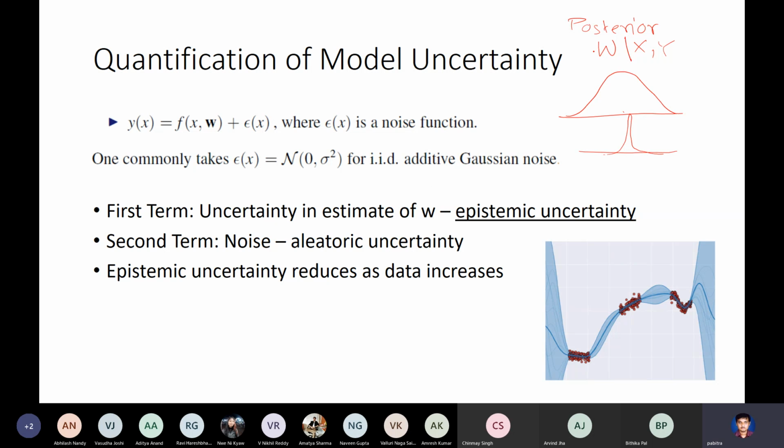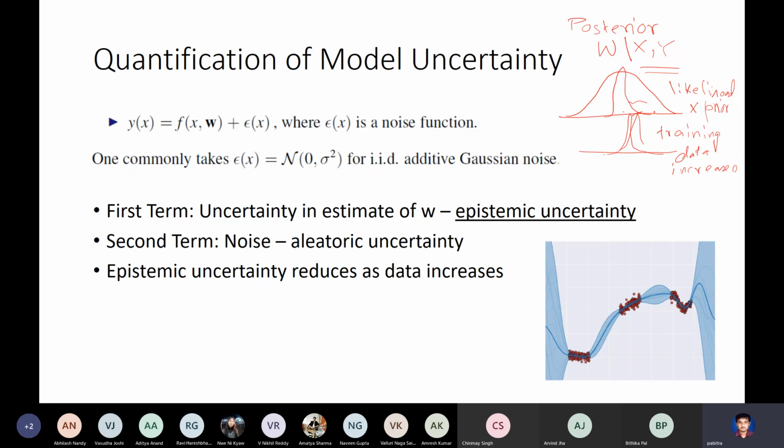Also note that since this posterior is the product of the prior times the likelihood, and the likelihood gets sharper and sharper as training data increases, as your x and y increase, your posterior will also become sharper and sharper.